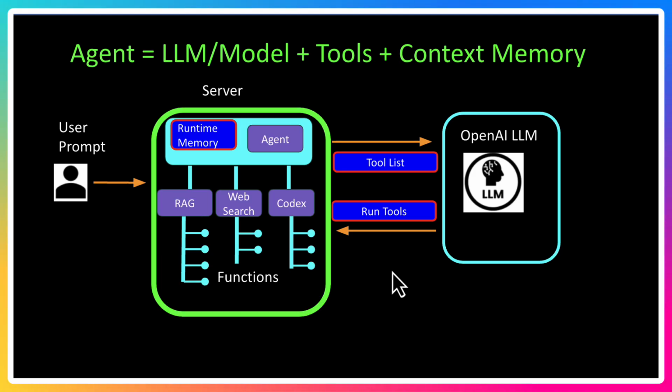Now, when we talk about RAG, basically we need to execute several functions. We might need to put a document into the RAG system. We might need to embed that document. We might need to query the RAG system. So these would all be functions associated with that RAG system. And it's the functions that the LLM calls.